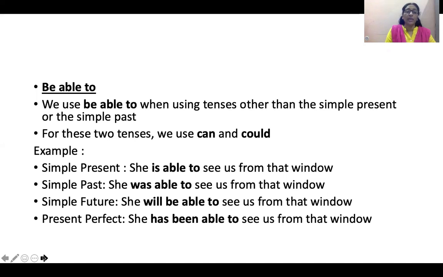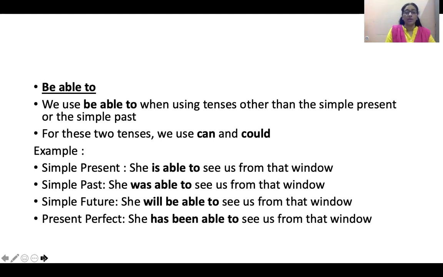Now we will learn about be able to. We use be able to when using tenses other than the simple present or the simple past. For these two tenses, we use can and could. Example, in simple present tense, she is able to see us from that window. So we can use she can see us from that window also in the same way.